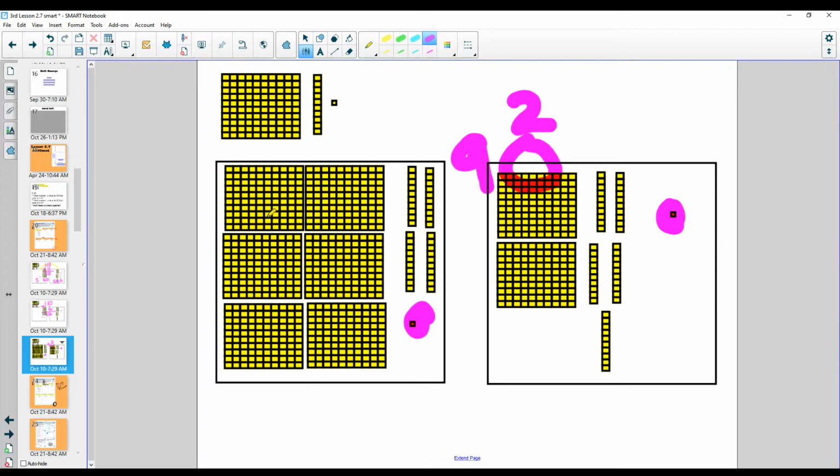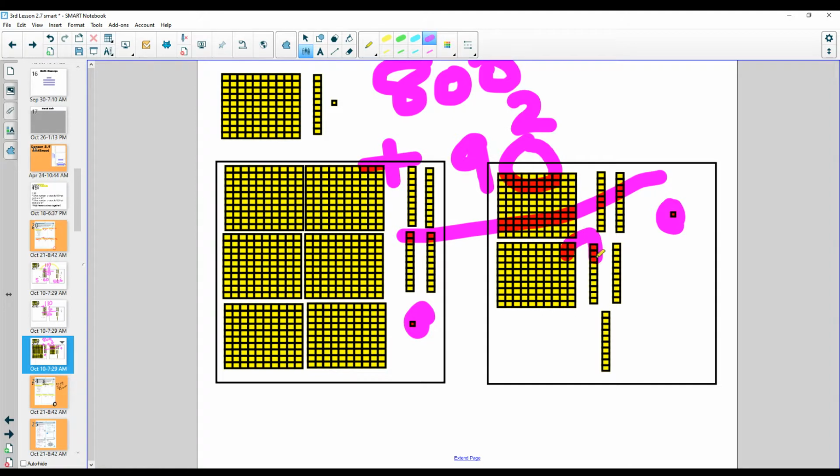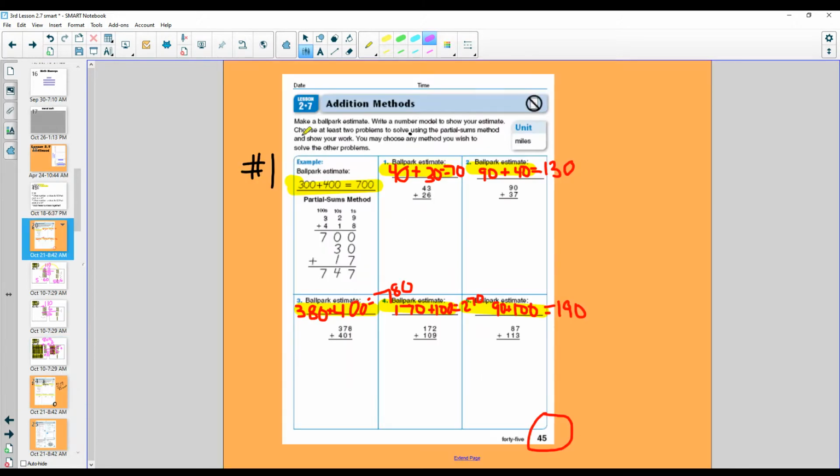Now let's add up the hundreds. 100, 200, 300, 400, 500, 600, 700, 800. Okay, now I'm going to put all those parts together. That's the word partial. Sum means add. When I put all these parts together, I get 892. Okay, that is why we call this partial sums. Partial meaning parts, sums meaning adding.